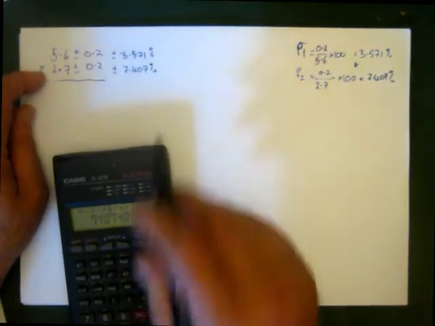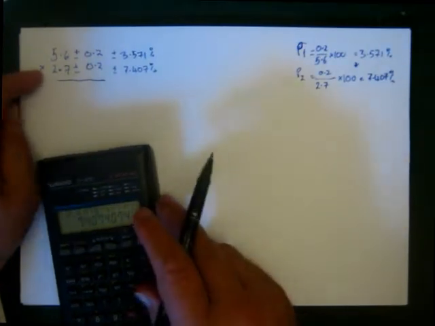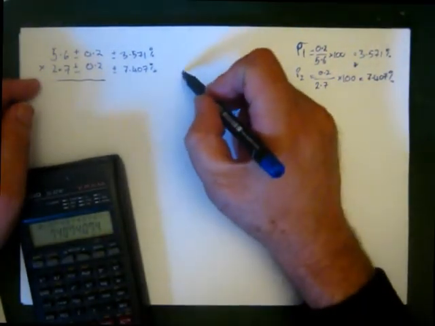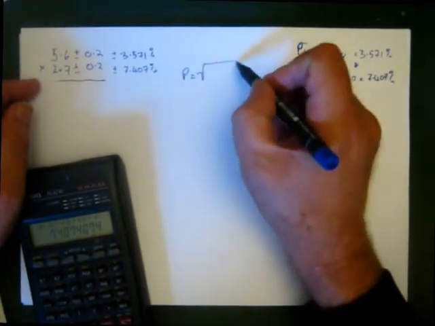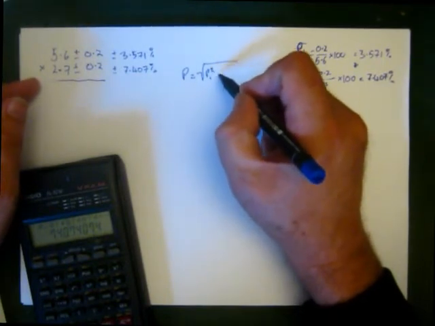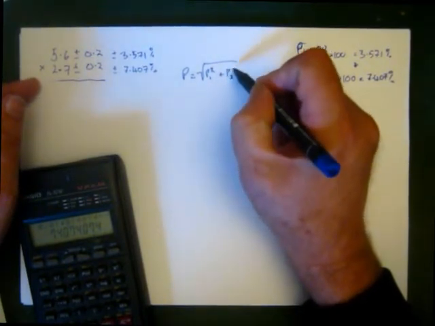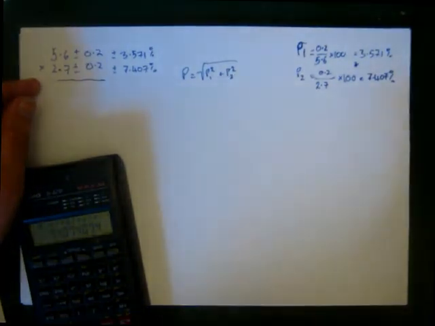And then, to get the percentage uncertainty, P equals, we take the square root of P1 squared plus P2 squared, just like we'd do when we're using Pythagoras.